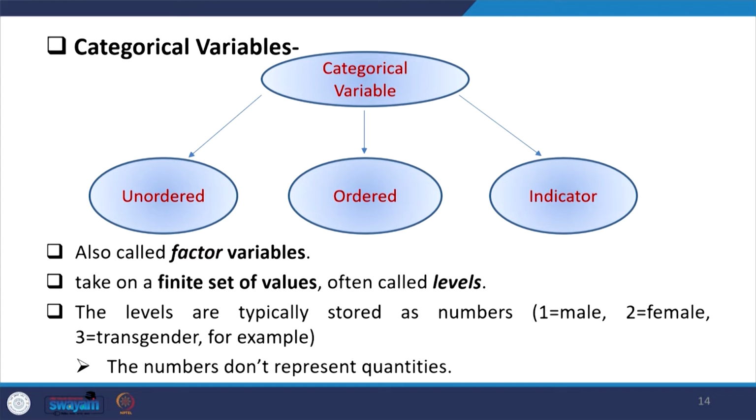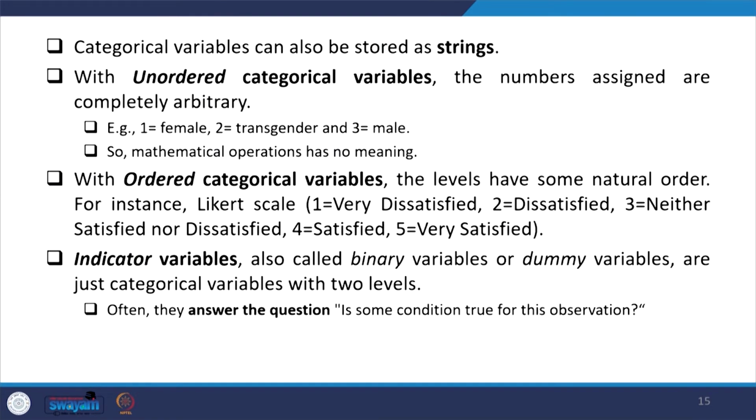There could be a finite set of values, and since they have a finite set of values, they are often called labels. The labels are typically stored as numbers, with 1 maybe male, 2 maybe female, 3 maybe transgender, or vice versa. The numbers do not represent quantities, rather they only give certain labels, certain identification.